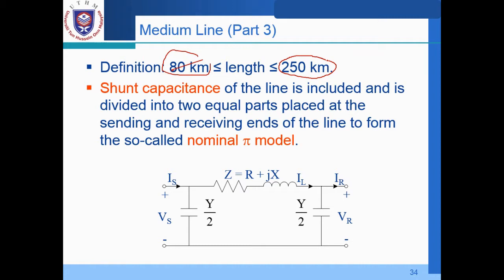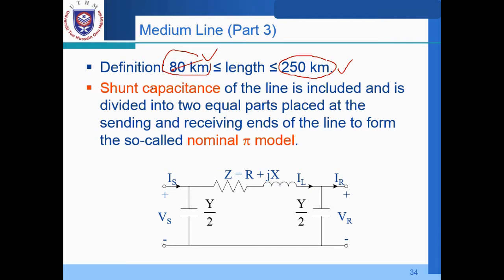So we have seen the short transmission line, which covers from 0 up to 80 kilometer, and now we move on to the second part of the transmission line, namely the medium line, and it covers from 80 kilometer up to 250 kilometer.